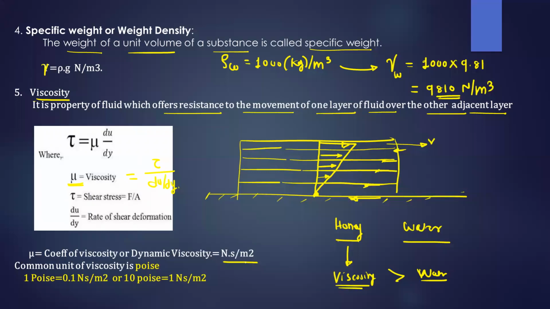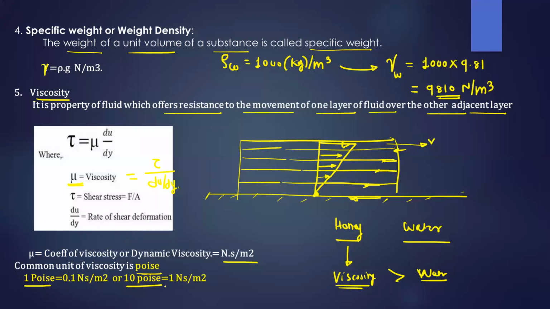Sometimes the viscosity is represented in poise. So the relation between the poise and this viscosity is 1 poise is equal to 0.1 Newton second per meter square, or 10 poise is equal to 1 Newton second per meter square. So poise is a small unit compared to the Newton second per meter square.